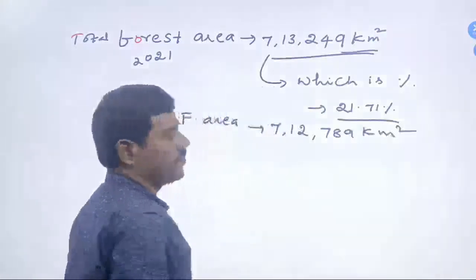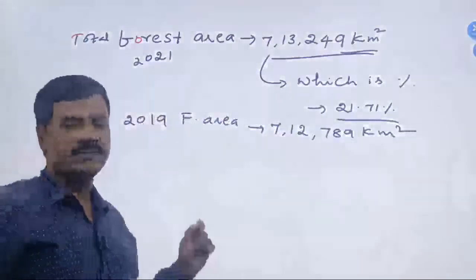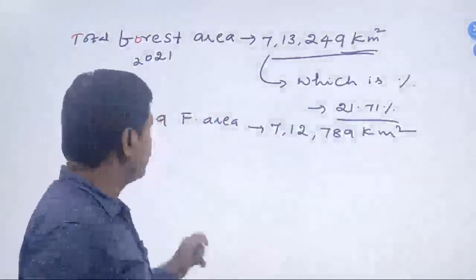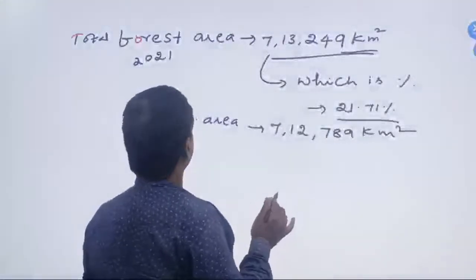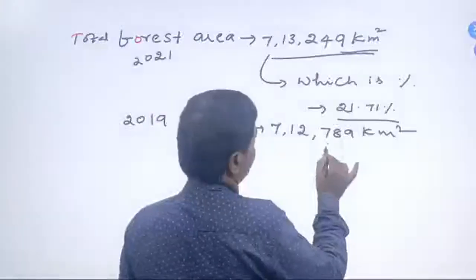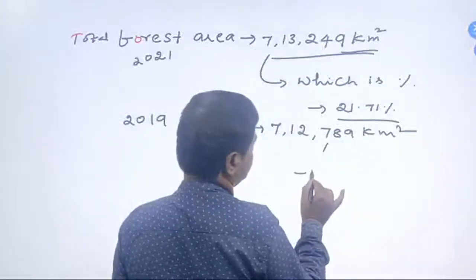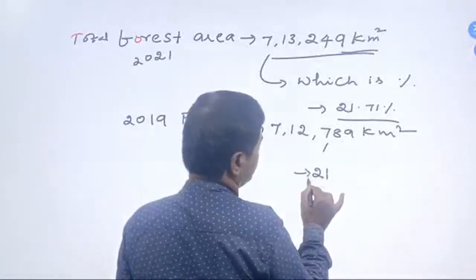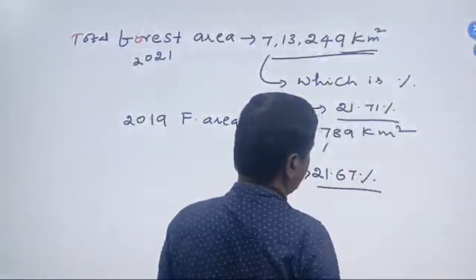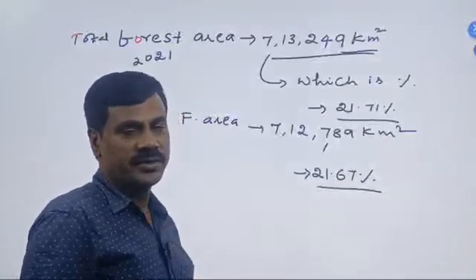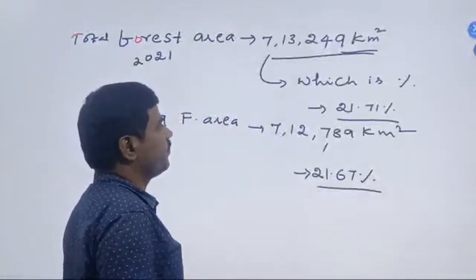This was the total forest area two years back, in 2019, which in percentage is 21.67% of the total Indian surface.